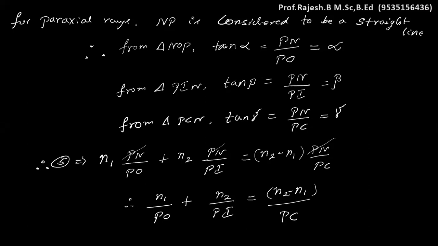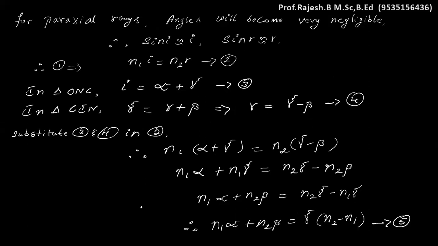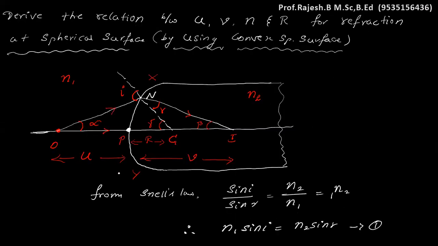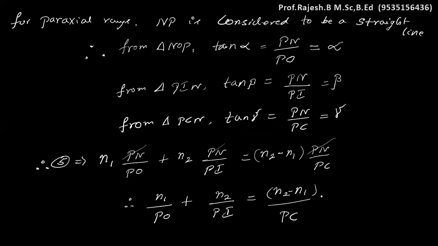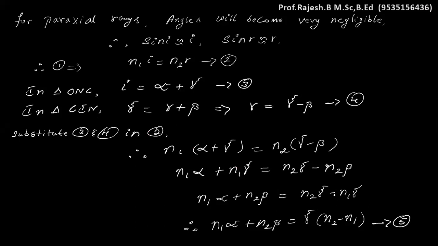PO is the object distance in the diagram, towards the left, so it is negative. PC is the radius of curvature and PI is the image distance. These two are positive. You can call this equation 6.